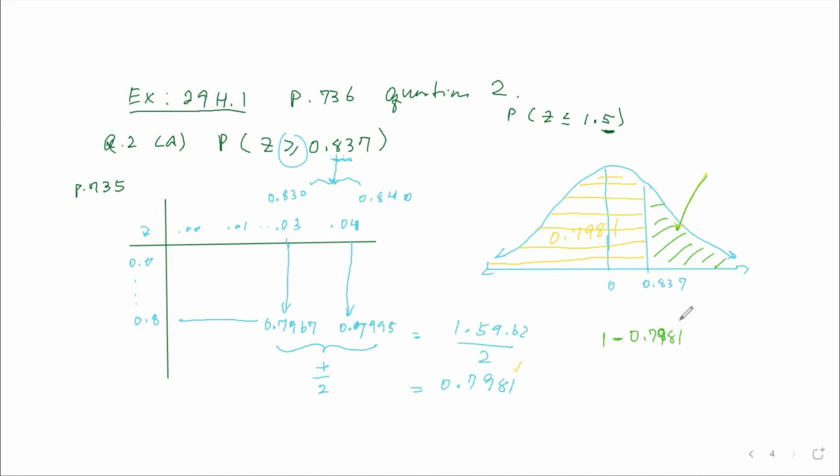So you use 1 minus it, you're going to be left with 0.2019. So this is the final answer. So this area is 0.2019, which is C score greater than 0.837.